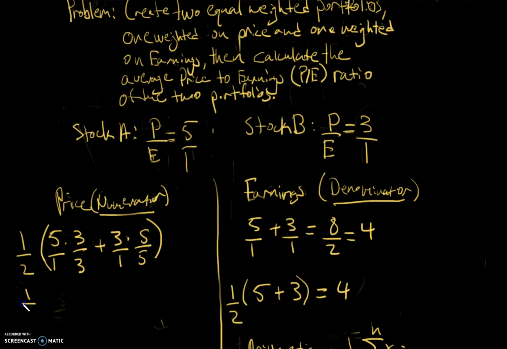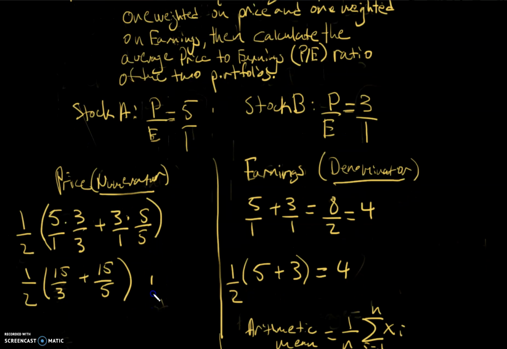So now we have 1/2 times 15 over 3, plus 15 over 5. Okay, very good. So the prices are now equalized. We have 15 over here and 15 over here.